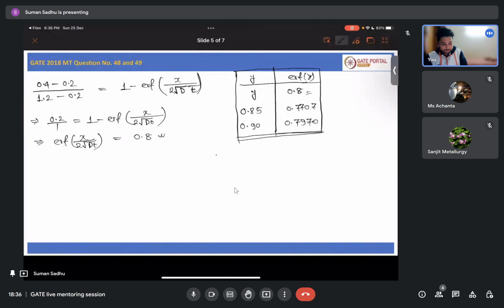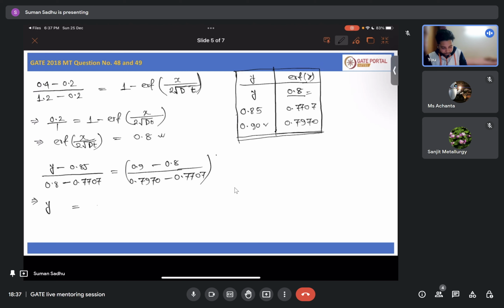Okay, so let us do the interpolation. So y minus 0.85, divided by 0.8 minus 0.7707, is equal to 0.9 minus 0.85, divided by the corresponding error function value 0.7970 minus 0.7707. Okay, so now from this we can calculate the y value.